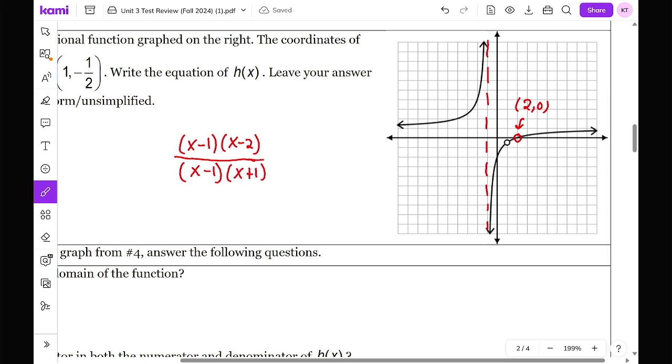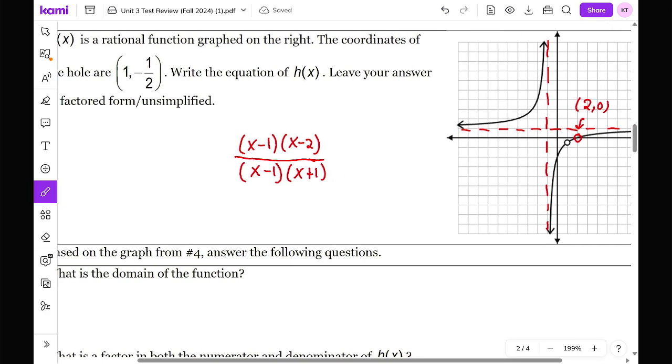So just to go ahead and check and make sure that everything checks out here, I also am going to have a horizontal asymptote at y equals a positive 1. So when I go ahead and look at the degree of my numerator and denominator, they are both going to be 2, because an x times x would give me an x squared.